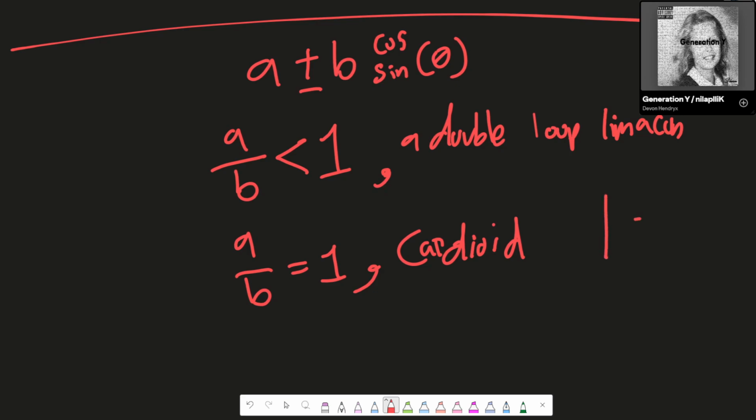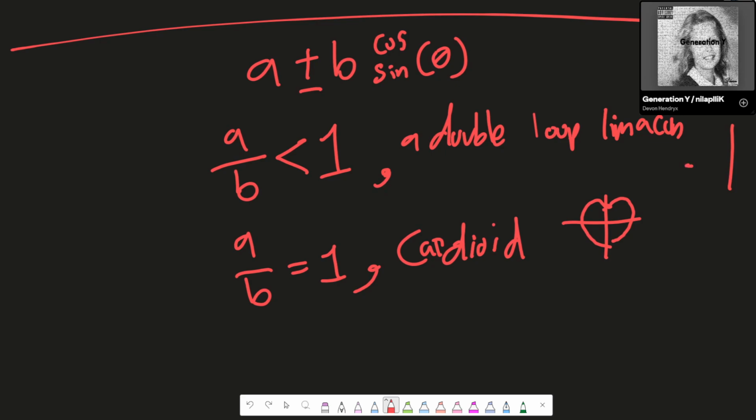I'll actually draw these graphs for you. It'd be like this, like a round heart. That looks pretty ugly. Let's draw this out, kind of like that. A double loop limaçon will start out high, cut down.